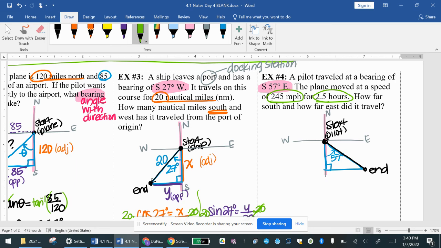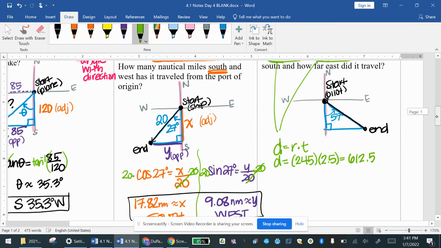So you have to go back to physics and remember that distance equals rate times time, or velocity times time. So in order for me to convert these into distance, I need to multiply them. So the 245 times 2.5 together will help me find out the length of one of those sides. So it's 612.5. Okay, now pause the video for a second.